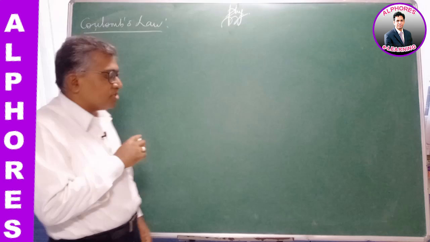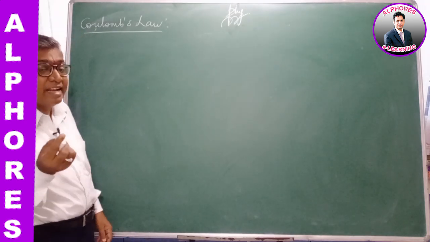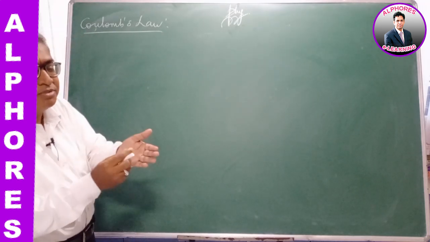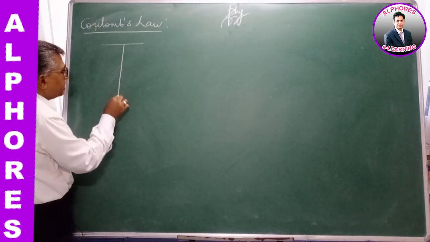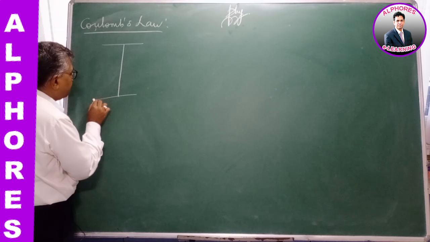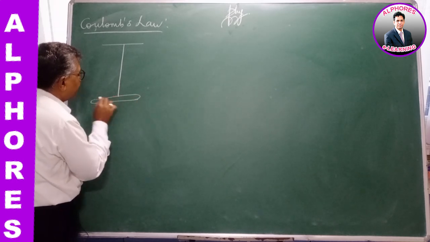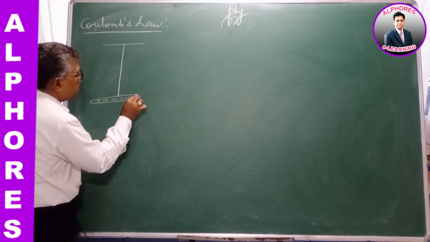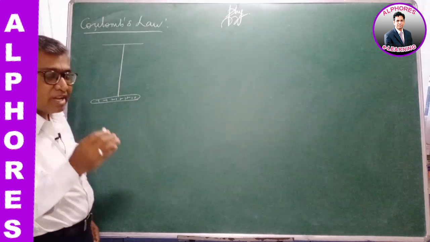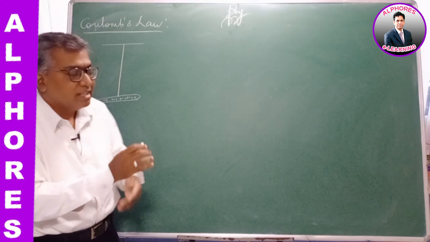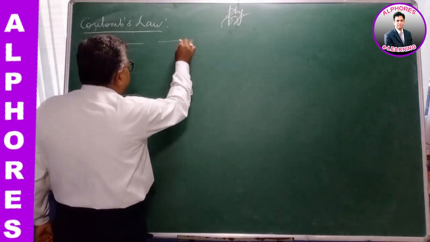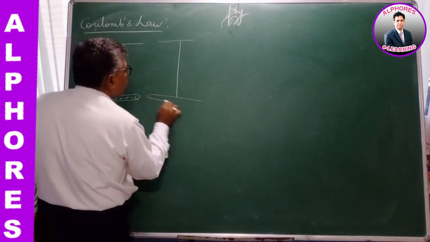Suppose a glass rod is rubbed with a silk cloth and suspended by means of a string. So this gets positive charge. Now consider another glass rod rubbed with another silk cloth and suspended near this one.